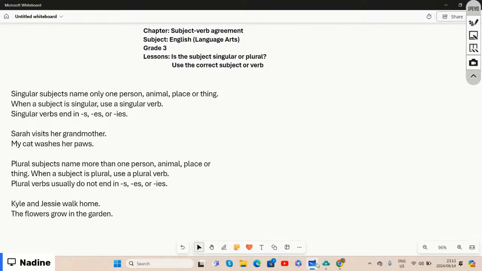When a subject is plural, we use a plural verb, which means that plural verbs usually do not end in s, es, or ies.